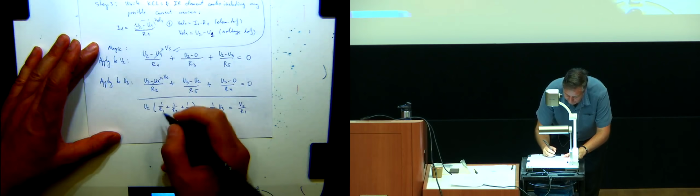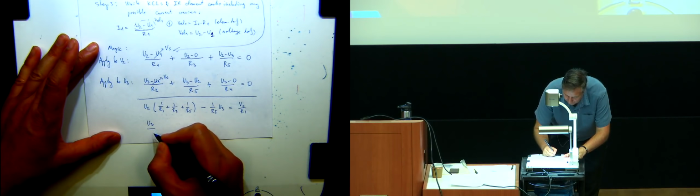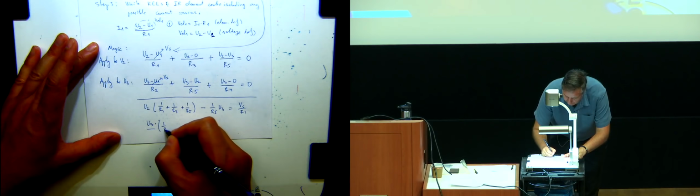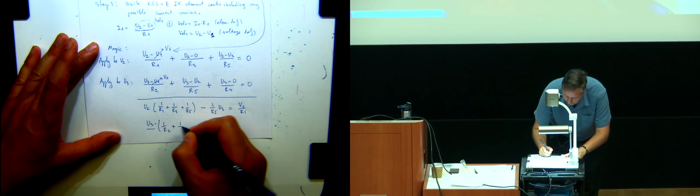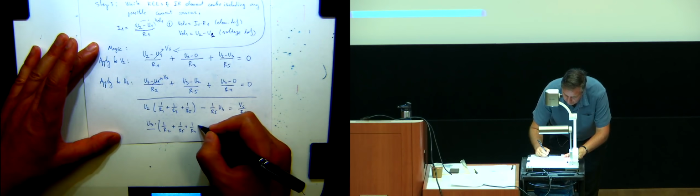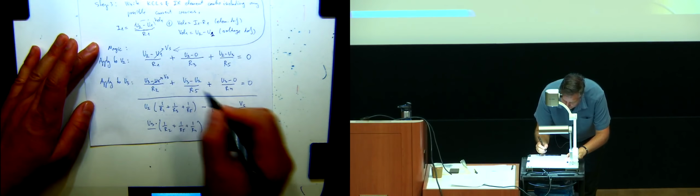And then this one over here is U3 times 1 over R2 plus 1 over R5 plus 1 over R4. Actually, I should have written U2 is present here as well.